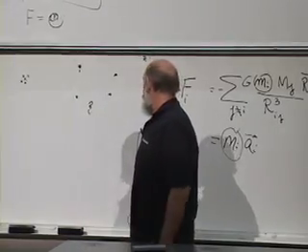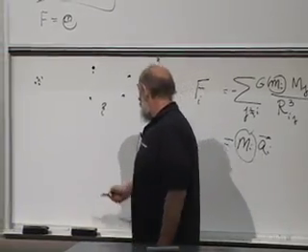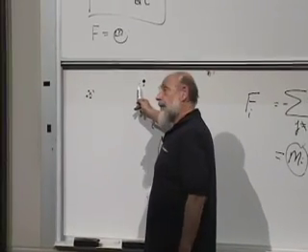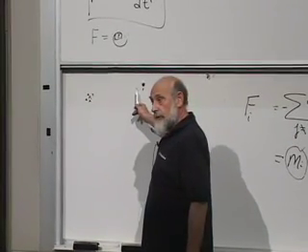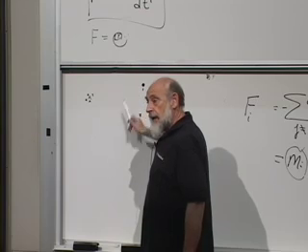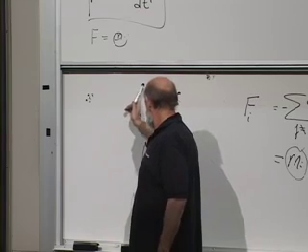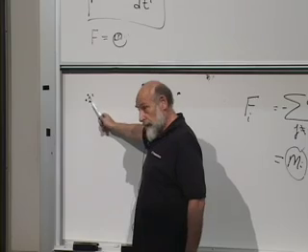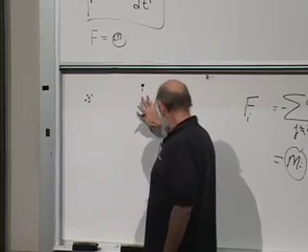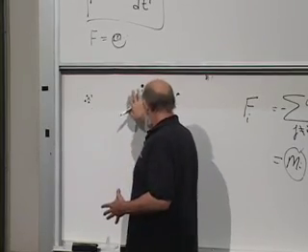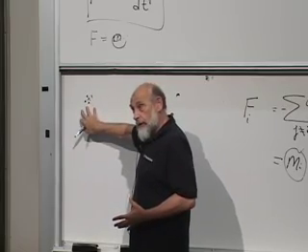The acceleration is not uniform. The acceleration will get larger when it gets closer to one of the particles. It won't be uniform now because the force is not independent of where you are.